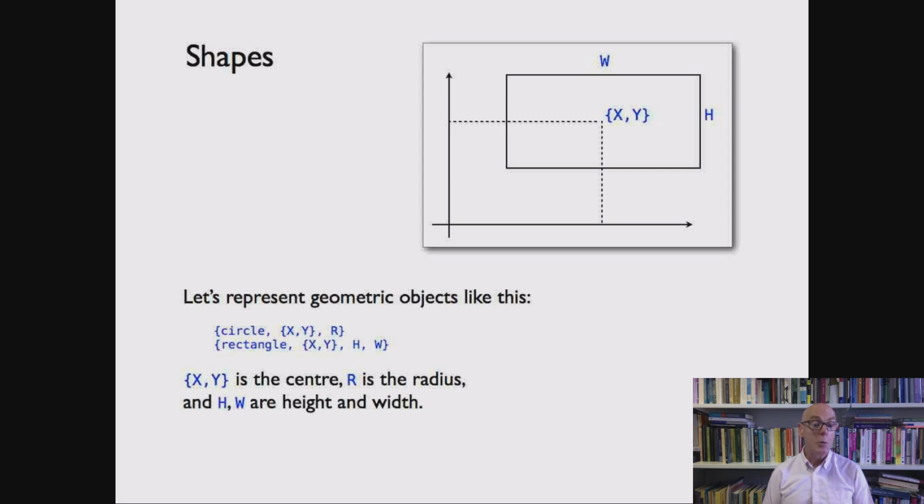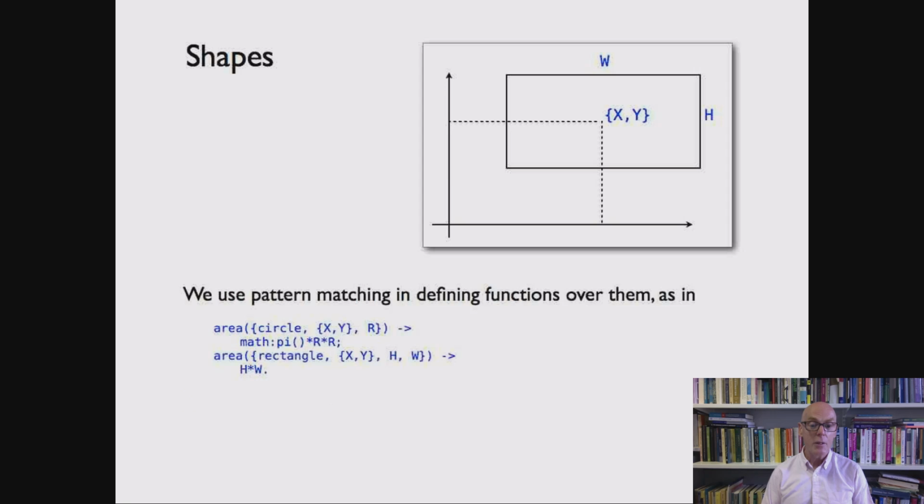The first item in the tuple tells you what sort of object it is, so it could be the atom circle or the atom rectangle, and then it's followed by a pair, a tuple with two elements, which represents the centre of either the circle or the rectangle, and then the height and the width in the case of the rectangle, or the radius in the case of the circle. And we're assuming that these are rectangles that are aligned with the x and y axes, so they look like the picture there. So this is what our geometric objects look like.